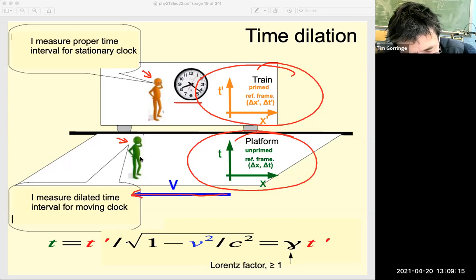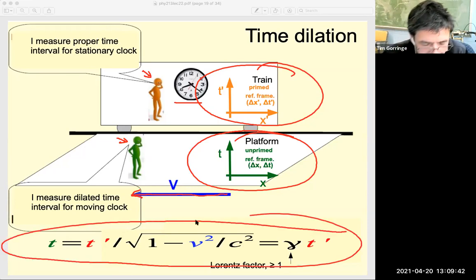So imagine 1 second ticking by on the clock in the train, or 1 hour ticking by in the train clock. The observer on the platform sees those 1 second, 1 hour intervals as lasting longer, measures them as lasting longer. And again, this equation that describes time dilation describes that stretching of time when you observe a moving clock.